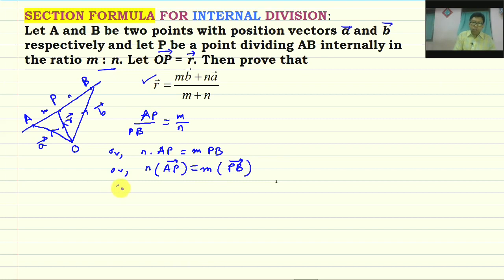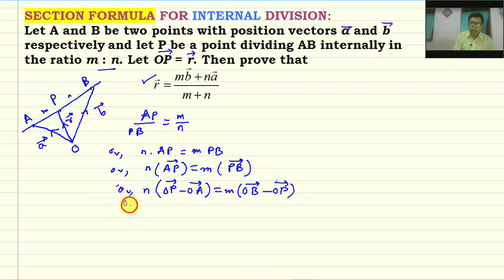So using the triangle law in vector, we find that n times what is AP vector? From this figure, AP vector will be OP vector minus OA vector. So write it here, OP vector minus OA vector. Similarly, for PB vector also, PB vector will be OB vector minus OP vector.